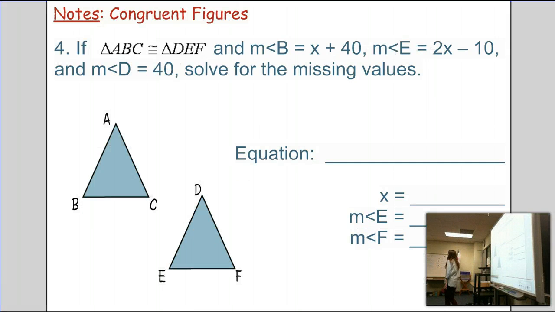Triangle ABC is congruent to triangle DEF. I gave you angle B, I gave you angle E, I gave you angle D. Solve for the missing values.